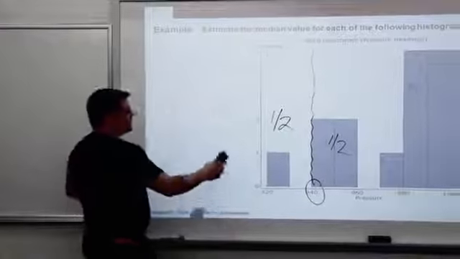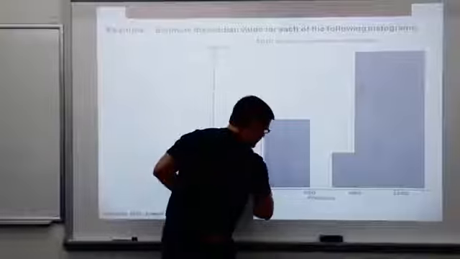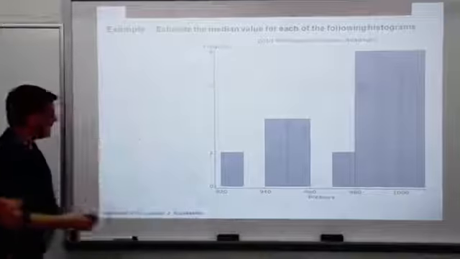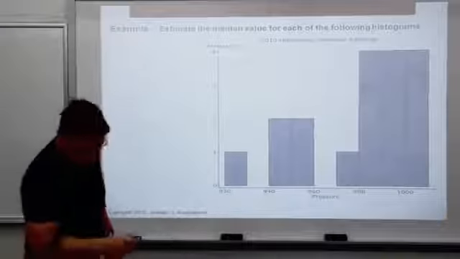I guess we're going to look at hurricanes here. Same page over to the other side. And again, estimate the median. All right, so let's see what I did in my notes here. Yep, somewhere in here.